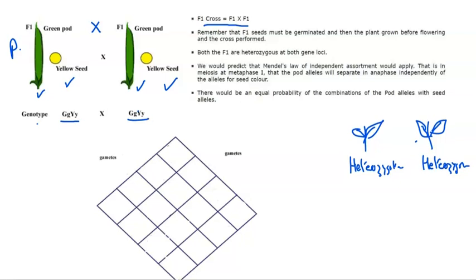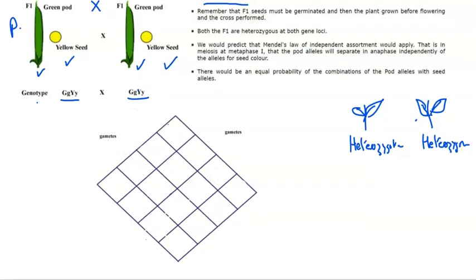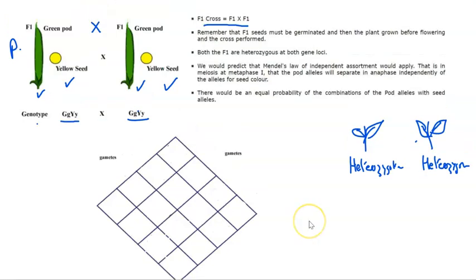So now what we have to do is to consider the possible outcome of meiosis. And of course, if I just work over here, both parents are going to be the same. So let's just do one of them using the method I showed you earlier. So this means that we must separate the homologous pairs. So we would end up with big G with big Y. That's one gamete.